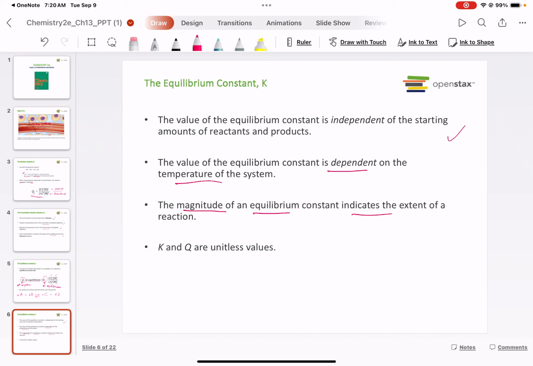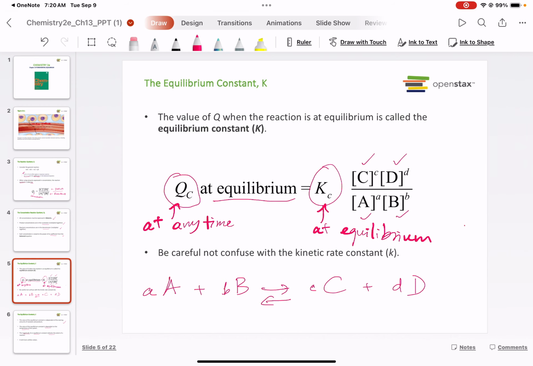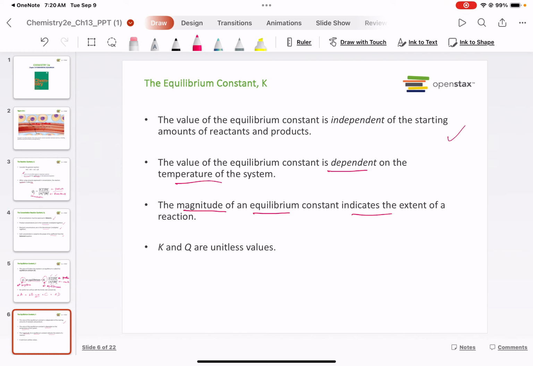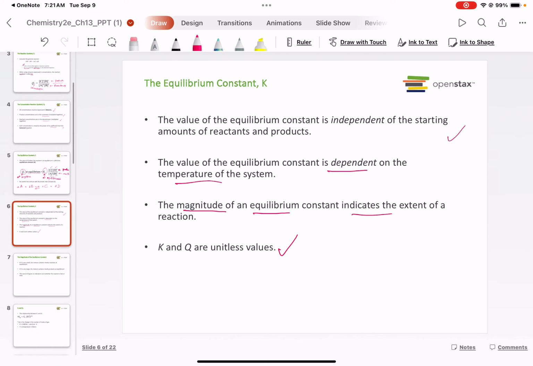Remember K, or Q, is product over reactants. So the larger K, the more the product. That's the message. All right. And the units are all over the place, so we decide not to have units for K and Q.